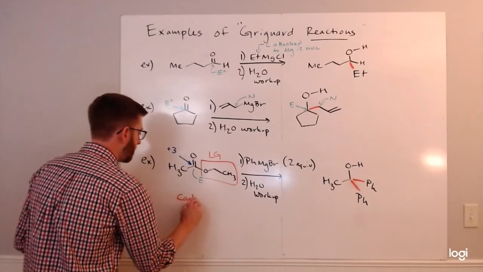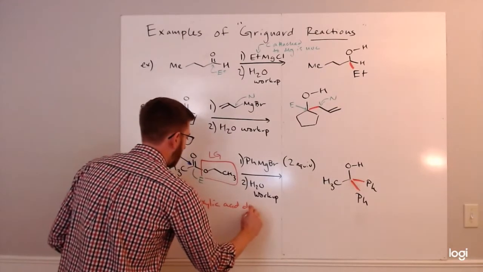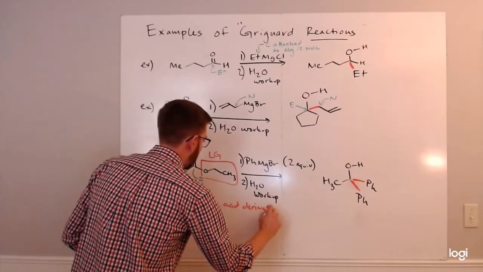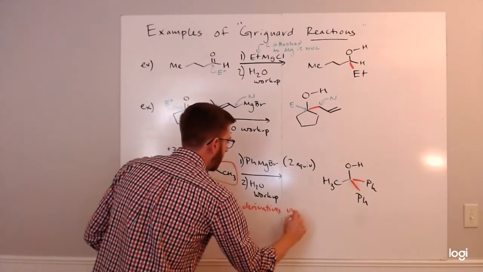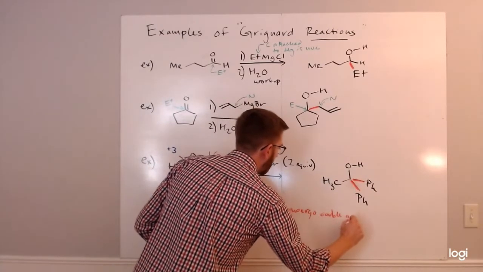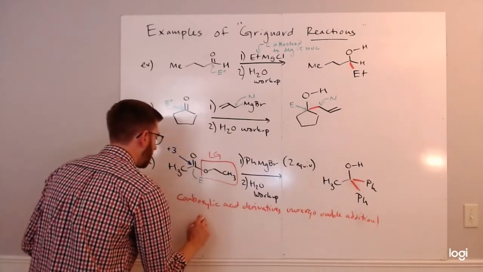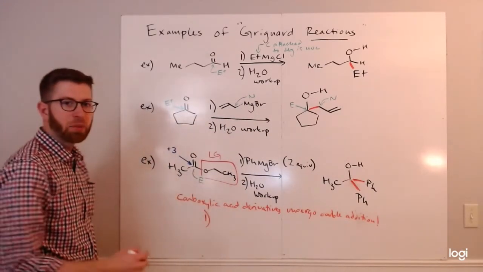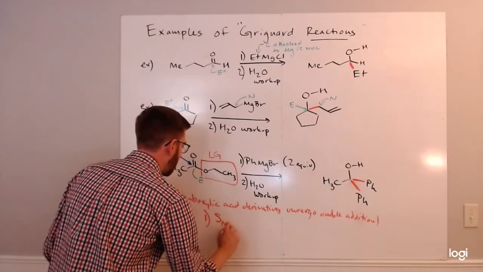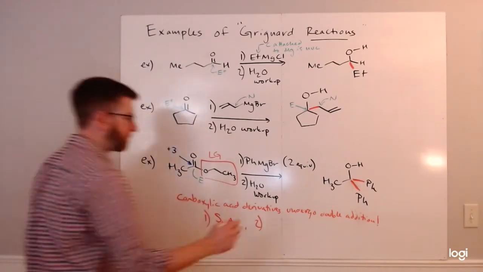Carboxylic acid derivatives undergo double addition. So first through a SNAc mechanism, and then through an addition.